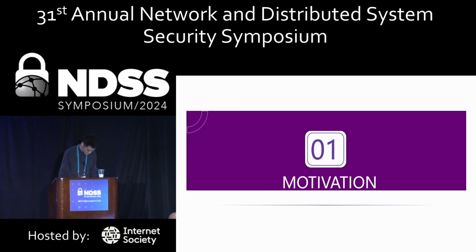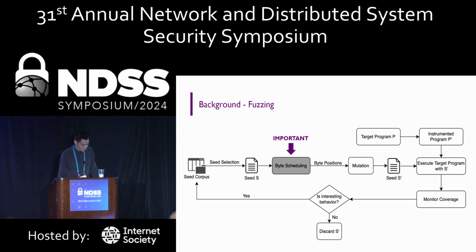Okay. So we'll first introduce the motivation. Fuzzing is a way to test software by using lots of random or partly random data. Here is a brief workflow of the fuzzing process. First, we have seed selection: you need to choose some seeds from the seed corpus for mutation. Then we have byte scheduling: you need to select which positions in the seed to mutate.